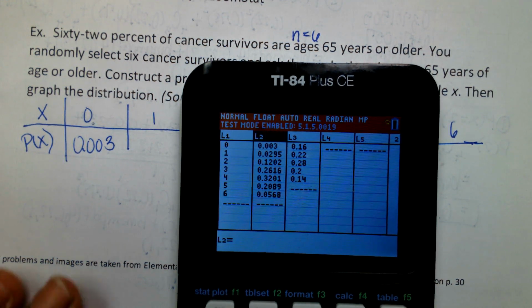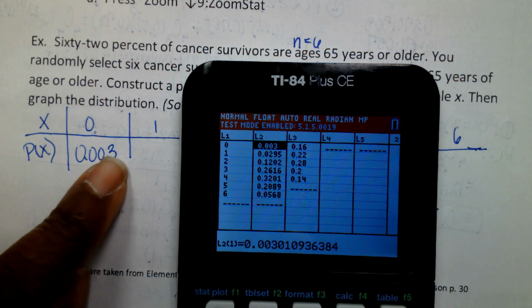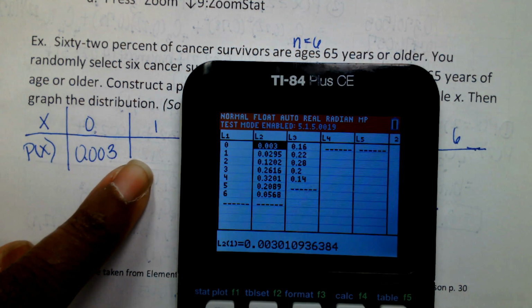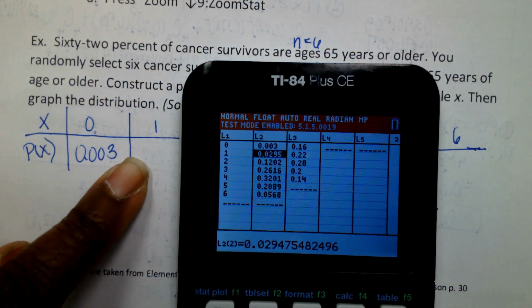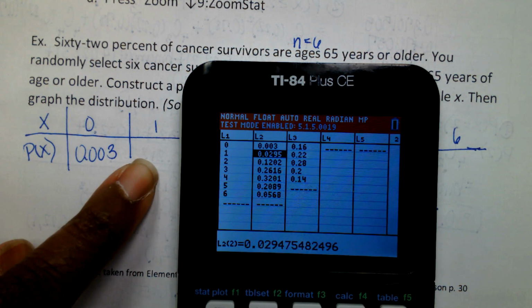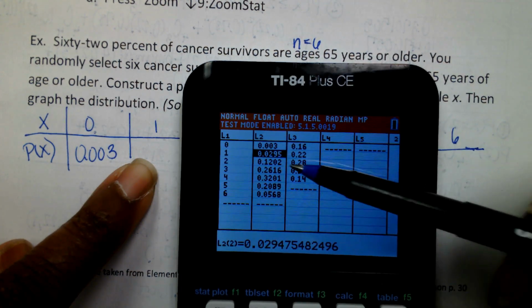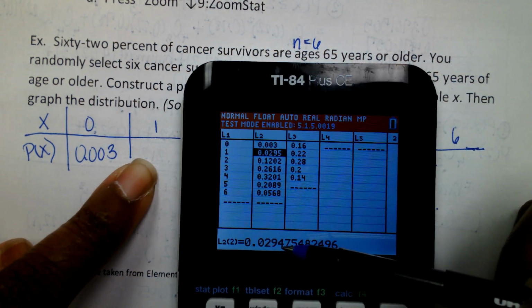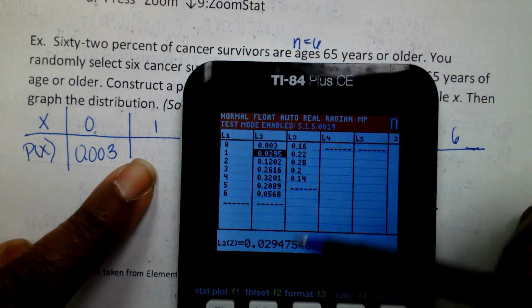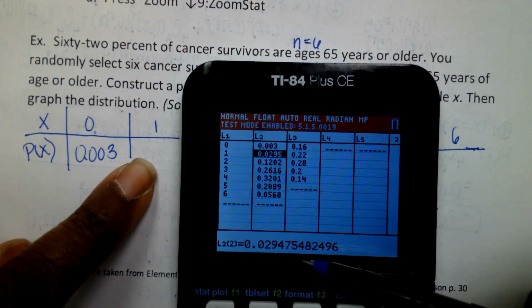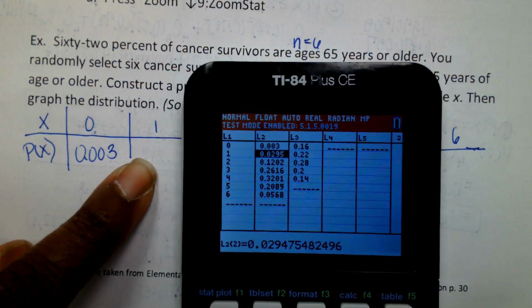Let's see, it calculated all of them for me. 0.029. And see, it made the 5. But according to this down here, it's actually 0.029. So down here, that's the one you want to stick with. 0.029.